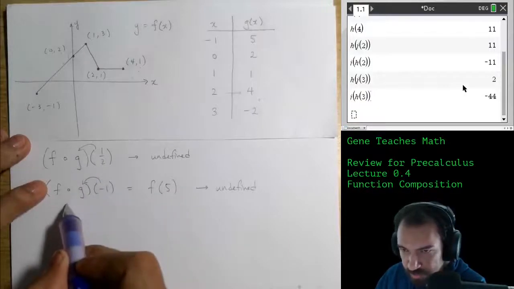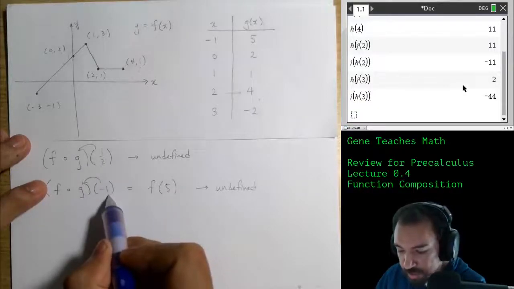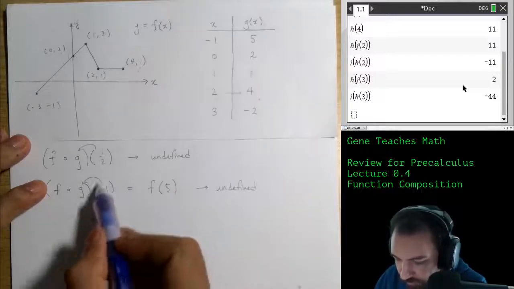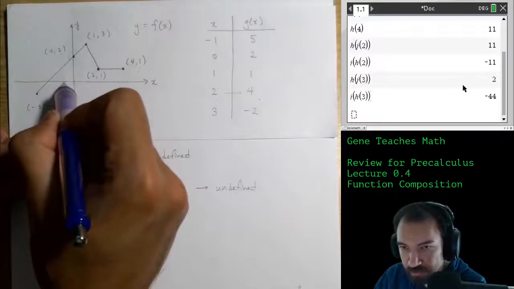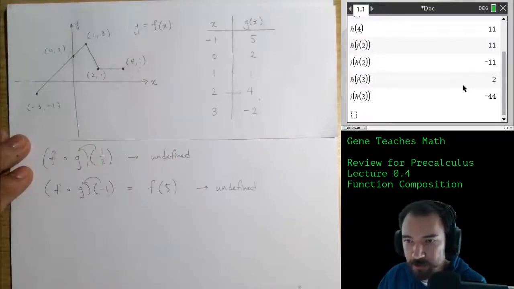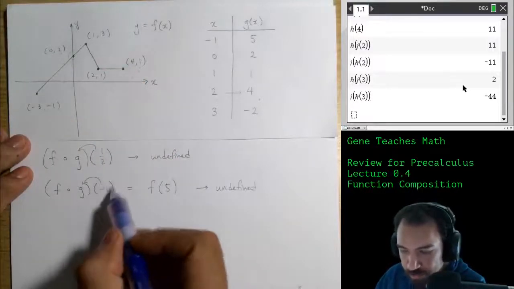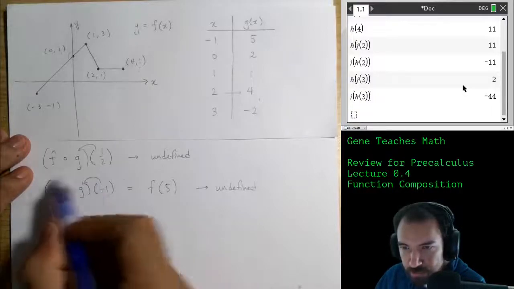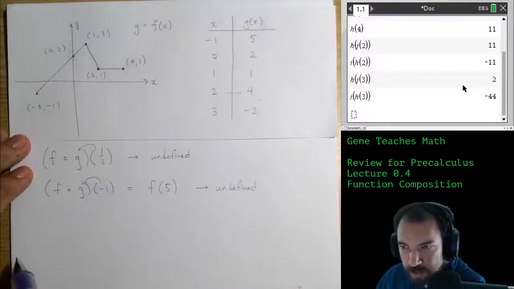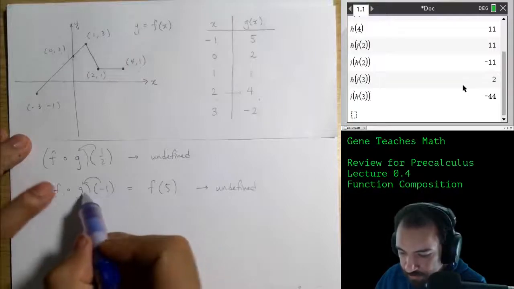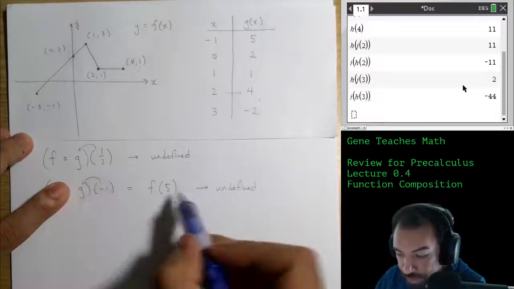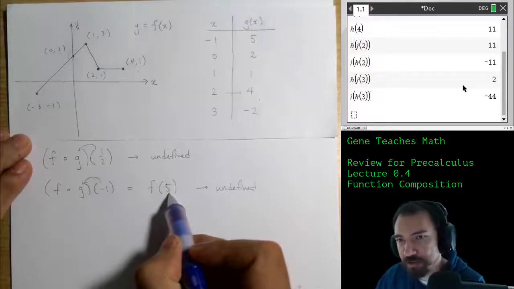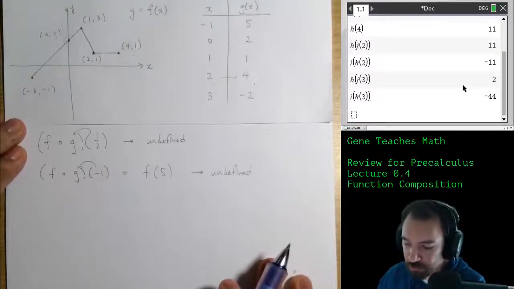But in this case, negative 1 is in the domain of g, but negative 1 itself is also in the domain of f, meaning if I make x negative 1, I can get a y value. So the issue wasn't that the input negative 1 is not in the domain of either of these. The issue is that if I take the output g of negative 1, then that 5 is not in the domain of f.